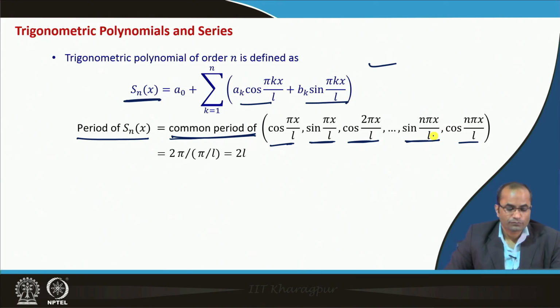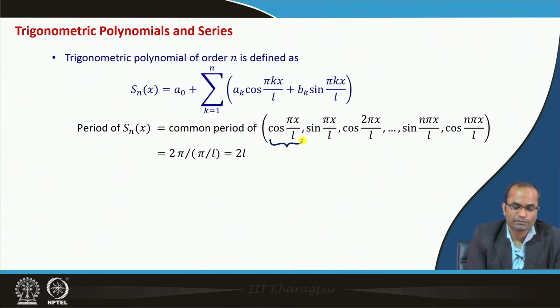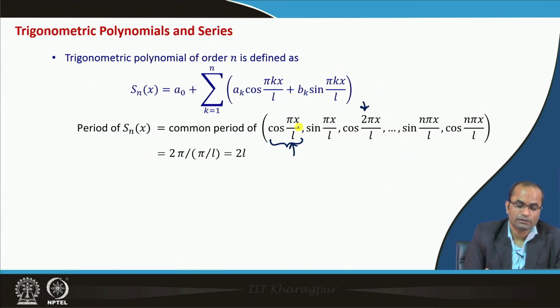If you want to get the common period of this, remember from the previous simple example, the common period came from the first function itself, because here we have 2 times, then 3 times, n times. So the periods of those functions will be smaller, the largest comes from the first function, and the others are just multiples, so we can multiply the other periods by a natural number to get this period.